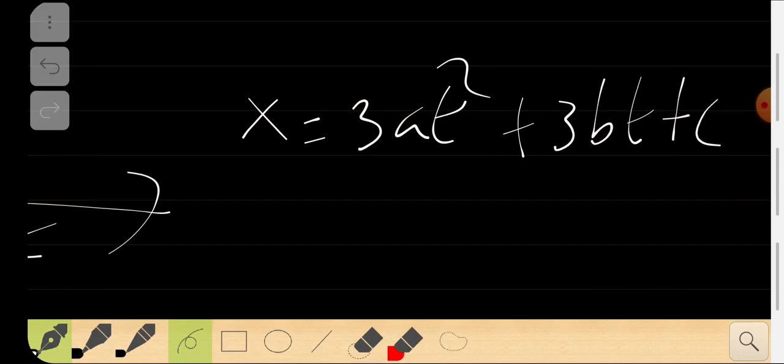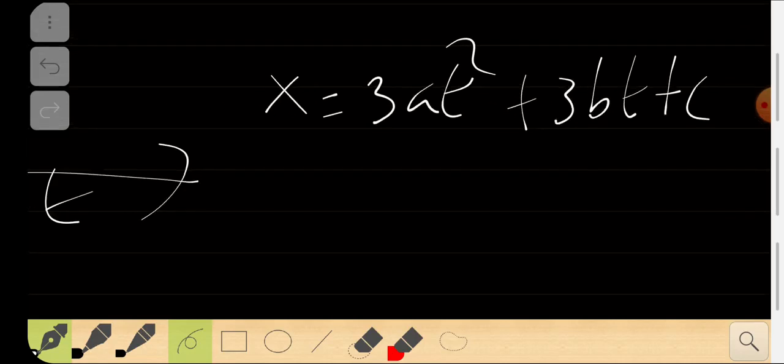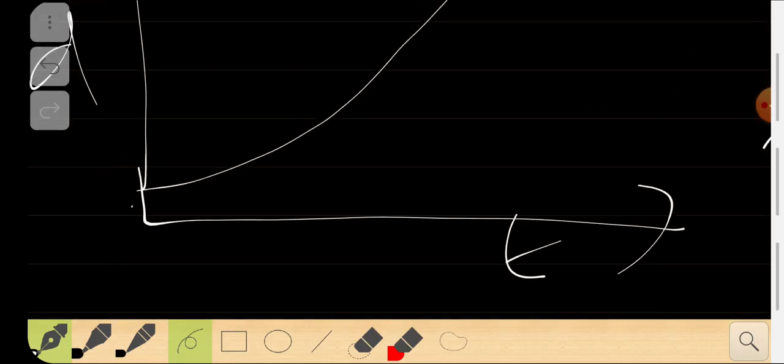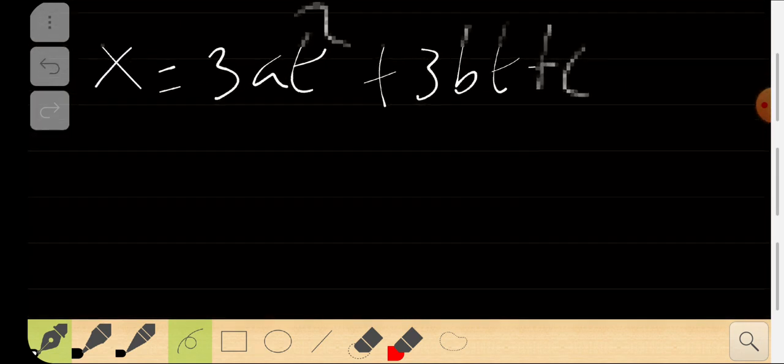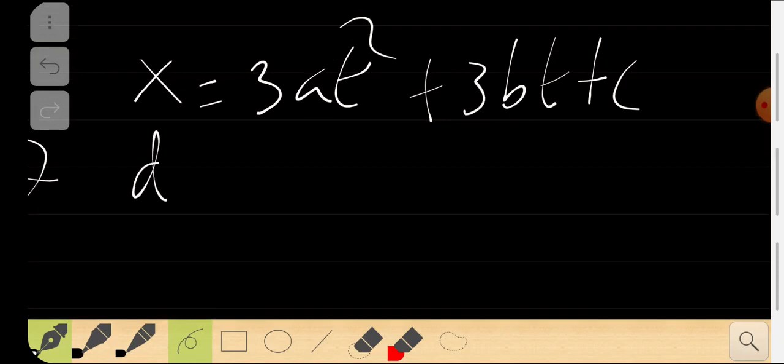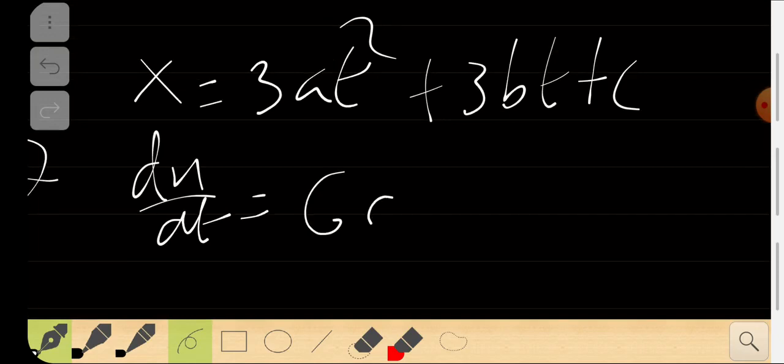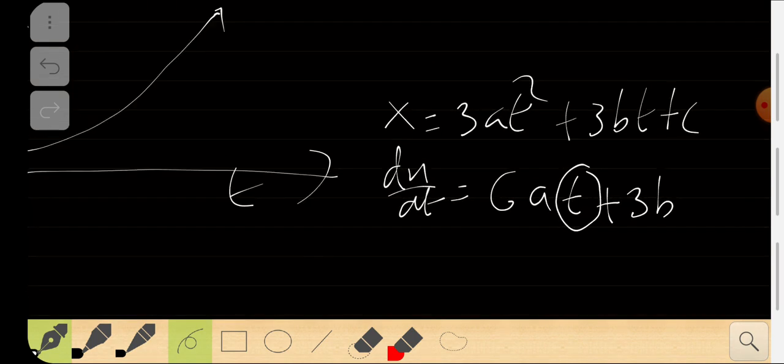That's how you look at this curve, and the c is here, the constant. The slope can be found for that curve, and you can find that dx by dt will look like 6a t plus 3b. This has one variable t, so it will be a straight line.